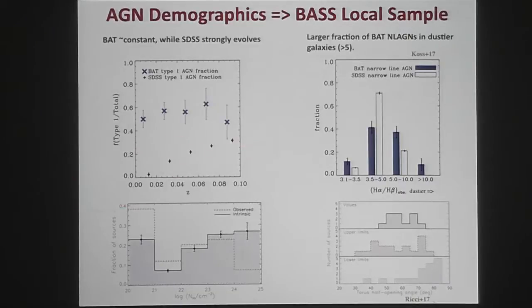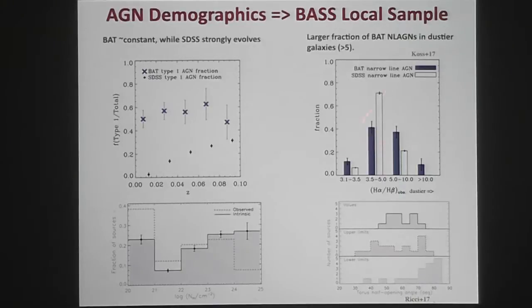If you take this Sloan sample and say, I want to do statistics with it, you will get a very different answer than if you take the BAT sample and do statistics with it, in terms of understanding the demographics. In terms of the H beta to H alpha ratio, dustier things are going this way, and the right side is essentially obscured.